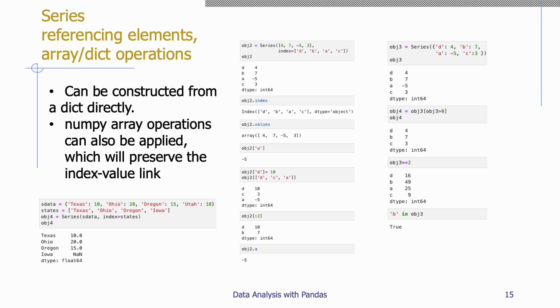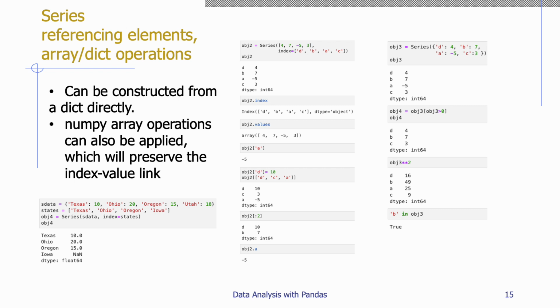Then we can define the states: Texas, Ohio, Oregon, Iowa, and here we create the series object as obj4. This takes the parameter sdata, that's our original data, and we can also feed this series with the index parameter equal to states.